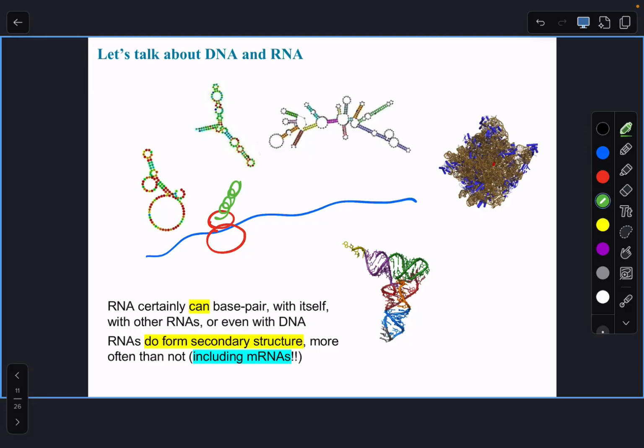And your mRNA molecule is that line, that squiggly spaghetti there, right?